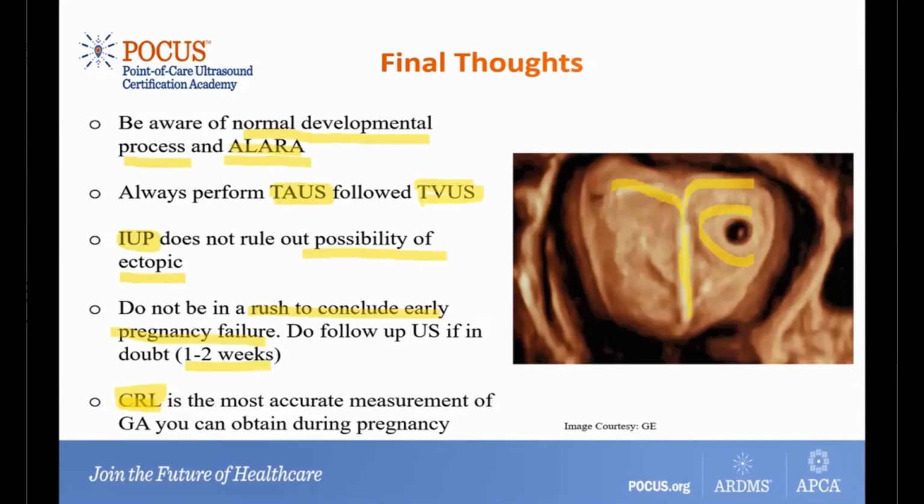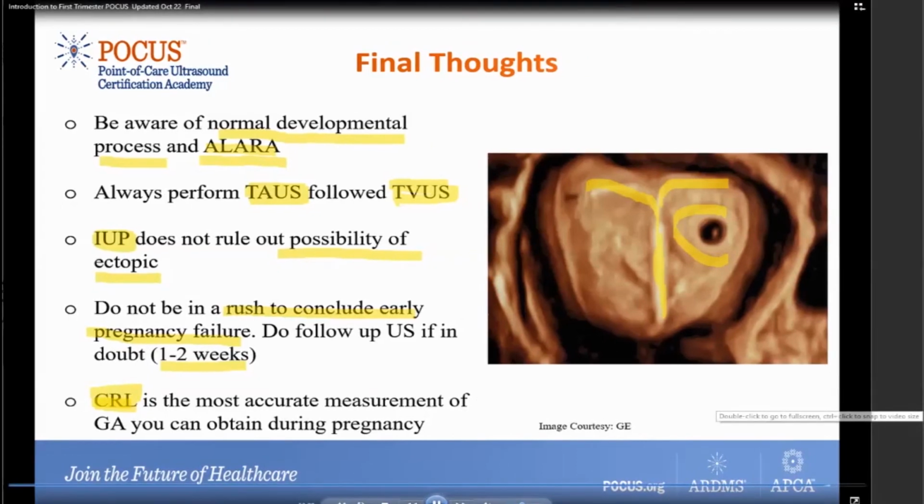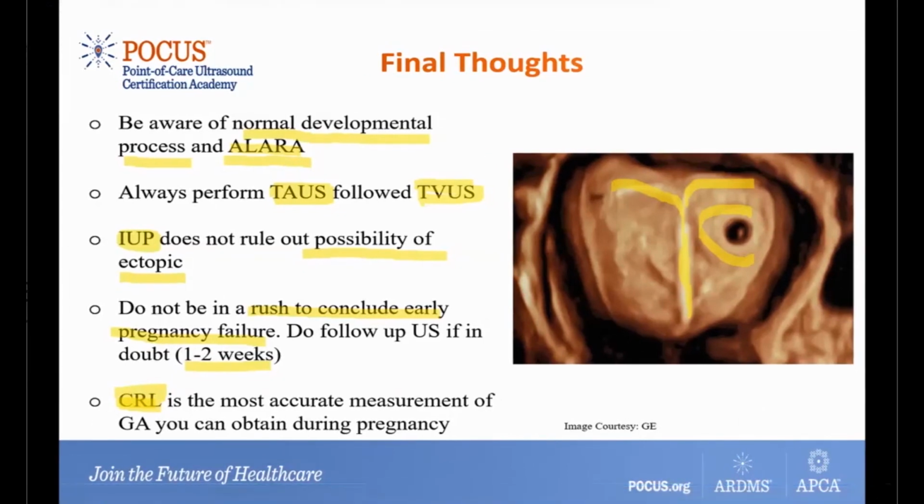Obviously this is a 3D transducer, but if you had a regular 2D transvaginal transducer, you could be seeing just an echogenic dot representing the intrauterine contraceptive device. If you had done a transabdominal scan, you would have seen that the patient also has an intrauterine contraceptive device inside the uterine cavity.